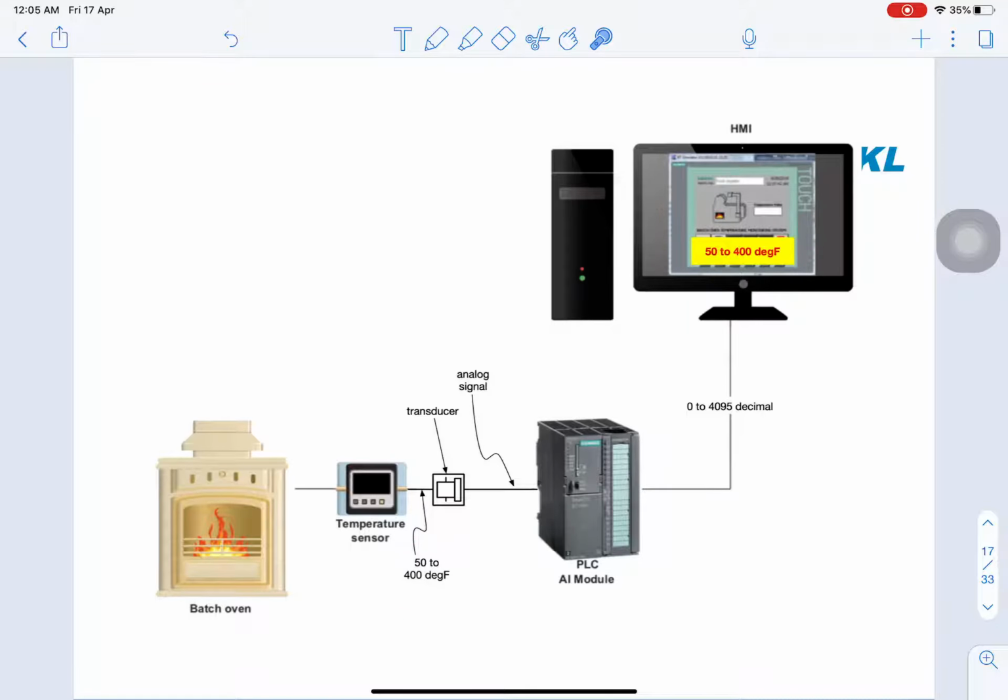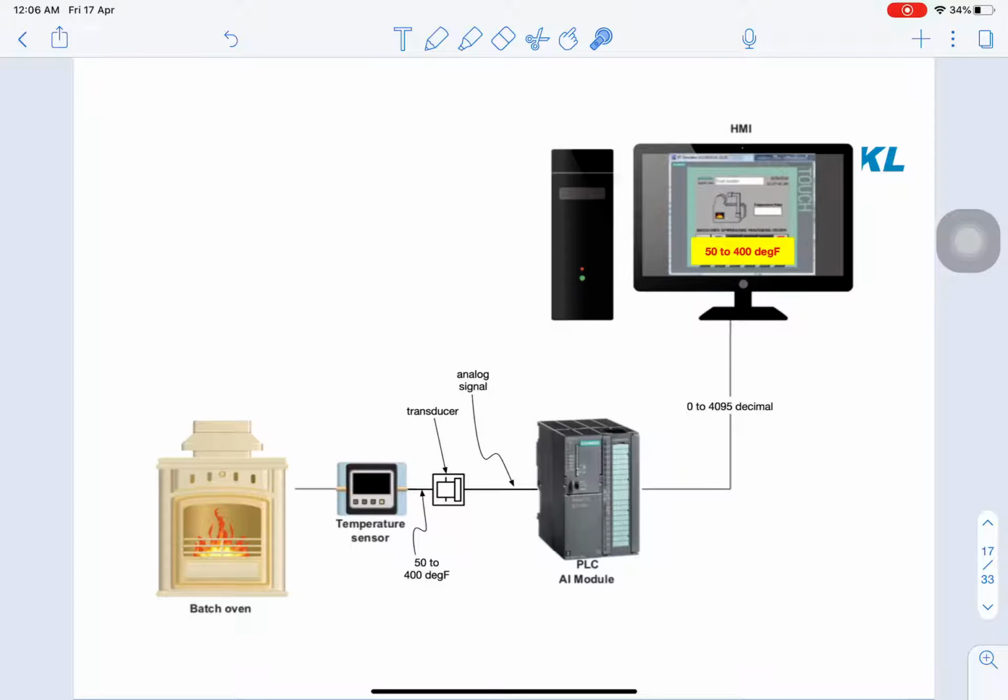This temperature sensor, which is also coupled with a transducer to make up a temperature transmitter, is connected to a 12-bit analog input module. Signal conversion in this analog input module corresponds to a decimal unit between 0 to 4095, and this analog input module is connected to the operator workstation in order to display the oven temperature.